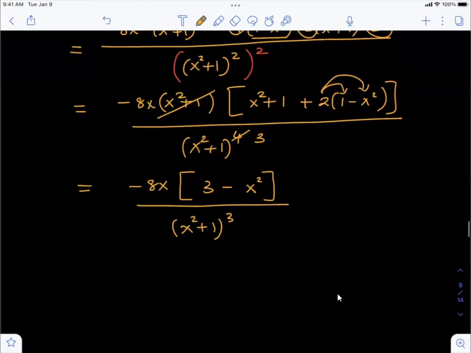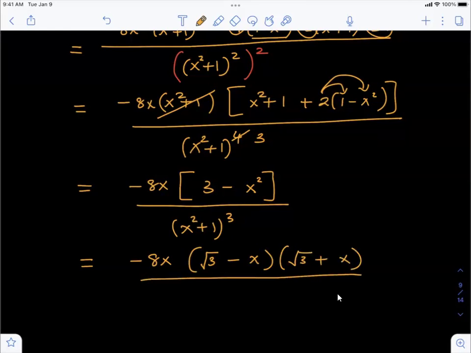Now, if you simplify this further, you can see you can have a factorization. Of course, this is a difference between two cubes. So square root of 3 minus x, let's utilize just parentheses, then brackets, root 3 plus x.